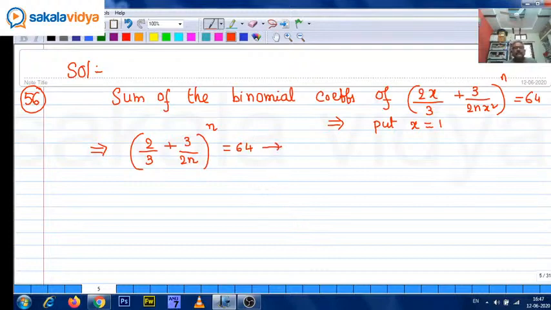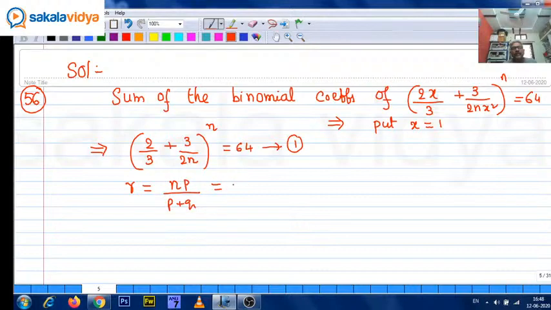Let T(r plus 1) be the independent term, or the r value let us find out now. R value is equal to np by p plus q.